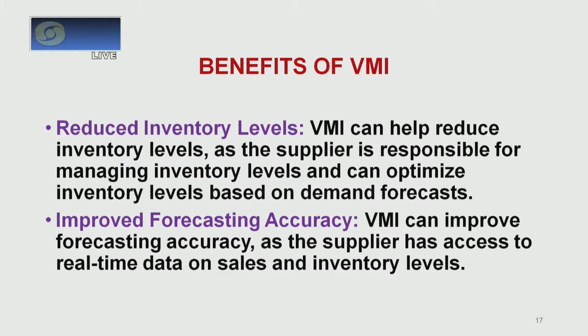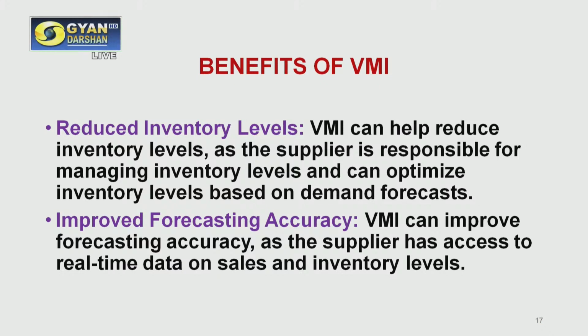When somebody else is managing and you are sure that whenever the inventory goes beyond a certain level, it will be automatically replenished by the vendor, you do not need to keep a higher level of inventory. So the level of inventory gets reduced.